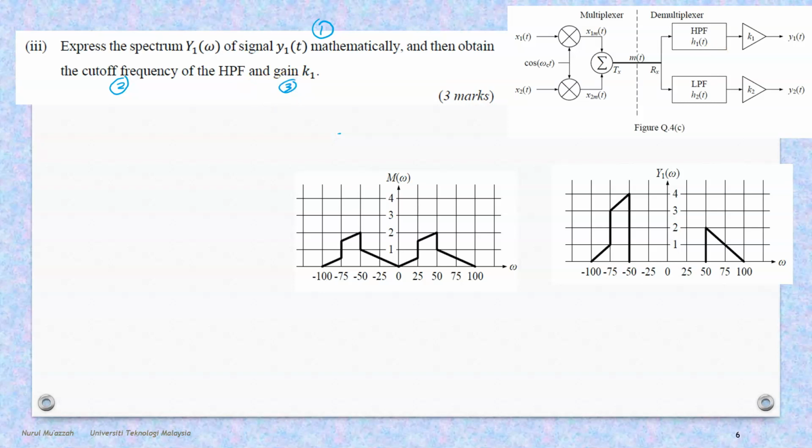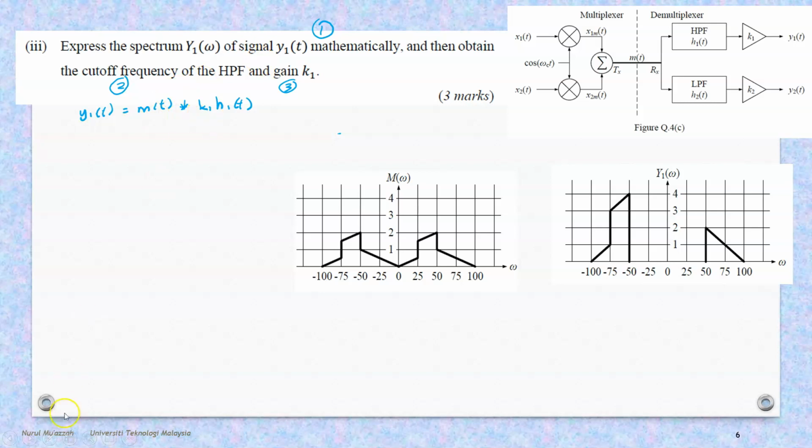We know that this is a high pass filter, so we have to write the equation of the high pass filter. First, we need to understand that y1 is actually m(t) that goes through the high pass filter. So the operation here is convolution, and K1 is the gain of the high pass filter. Mathematically, y1(t) equals m(t) convolved with K1 multiplied by h1(t).